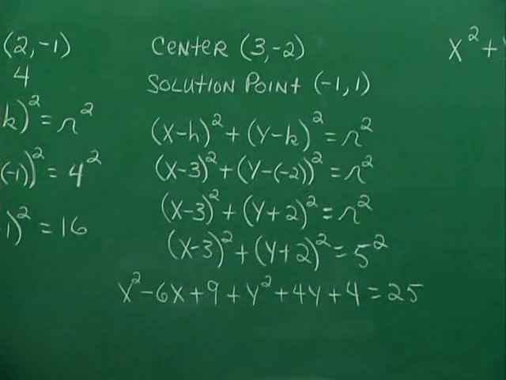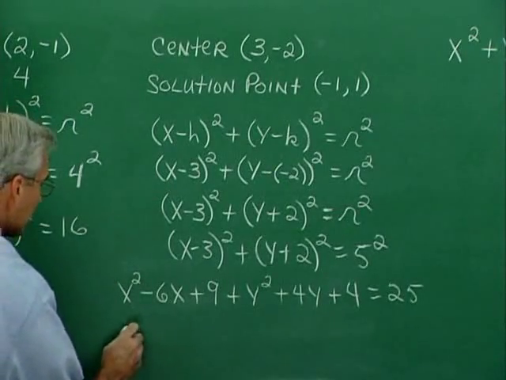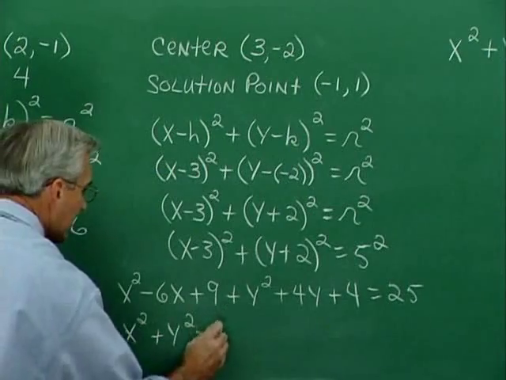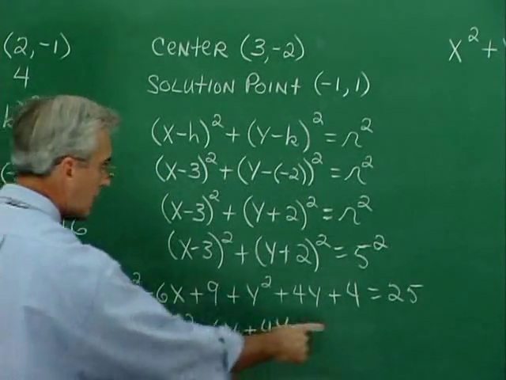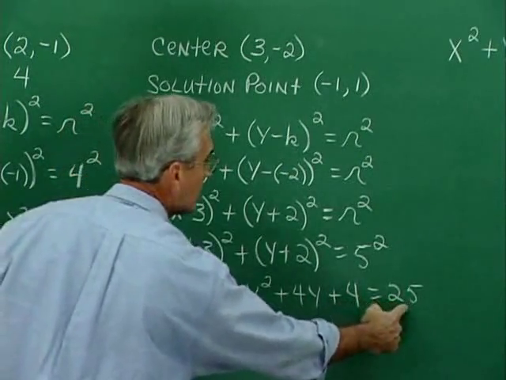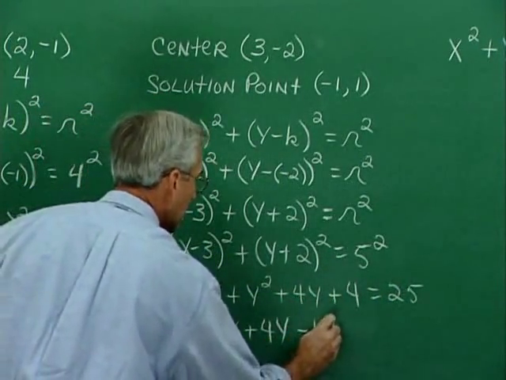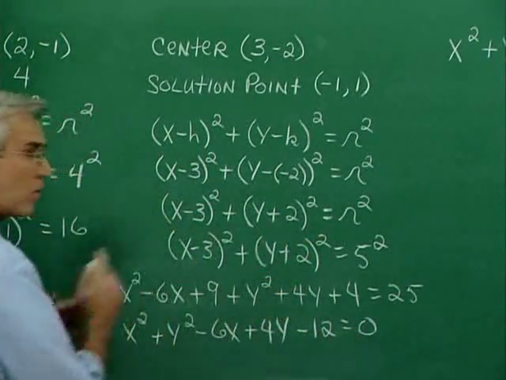And then we could throw all the terms on one side and rearrange a little bit. We could have the terms that are squared written first, and then minus 6x, and then plus 4y, and then the 9 and the 4, that's 13. But if we move the 25 over to the left, we'd get negative 12 equals 0. So here's the general form of the same equation.